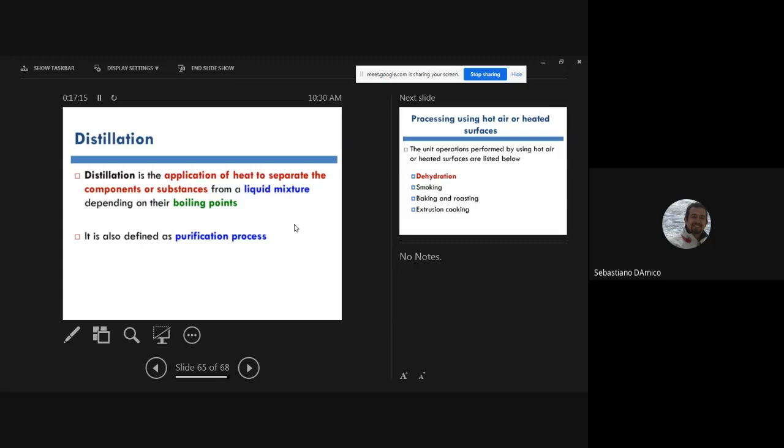Factories or even distillation instruments for domestic use have several components, and according to how this liquid mixture travels through these components, it's able to separate them. So for example, the alcohol can be taken away from this liquid mixture. So it's a purification process because it's able to separate components of a substance.